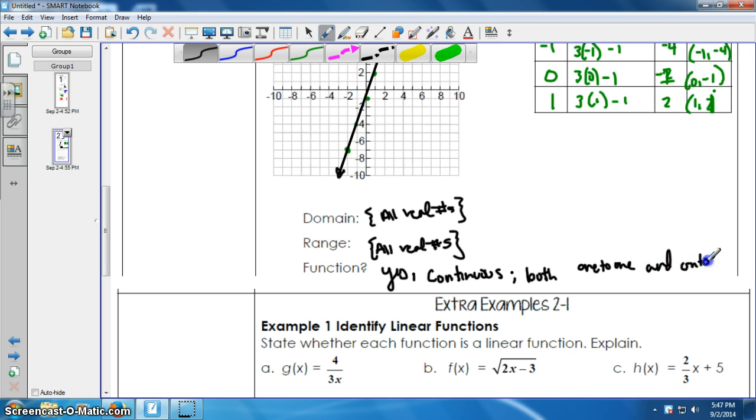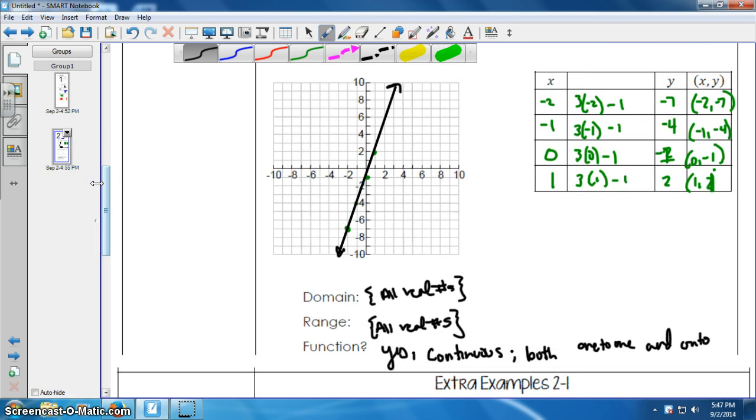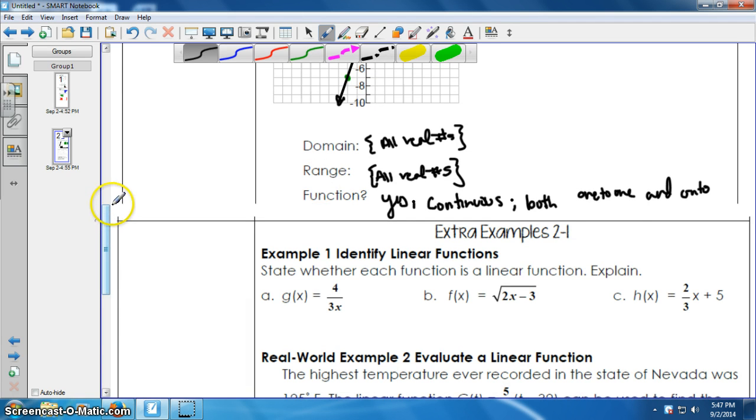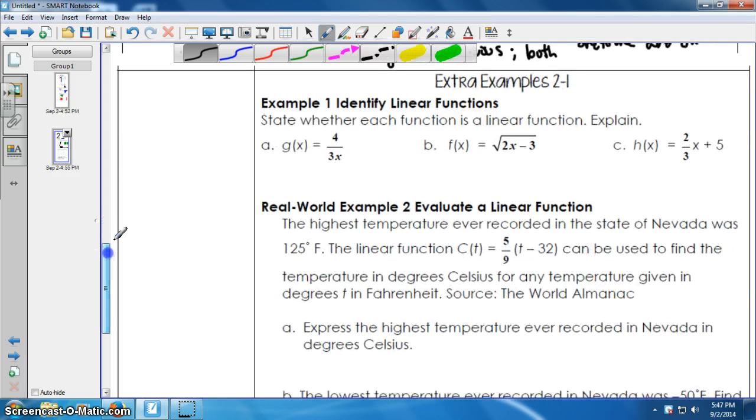So each domain value matches up with a unique range value, and they're all paired up. So it's both. All right, go ahead and try these extra examples. Pause, practice those, and then you can come back and hit play or rewind and check your answers.